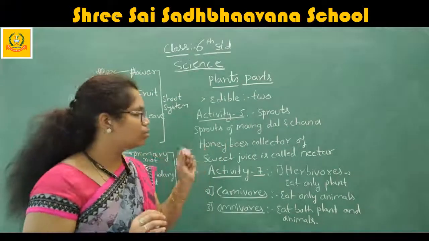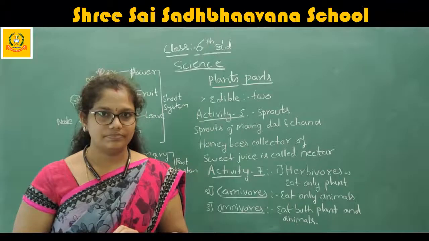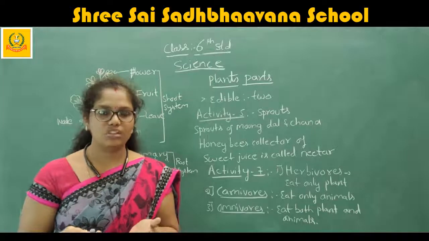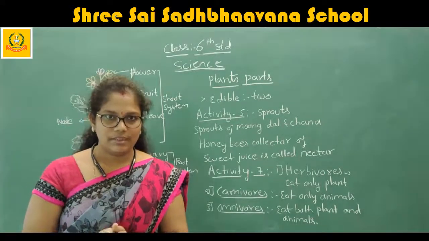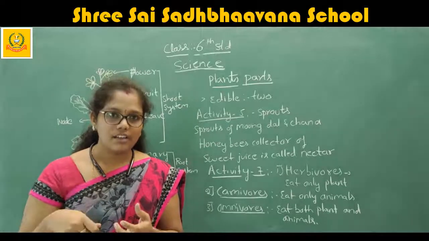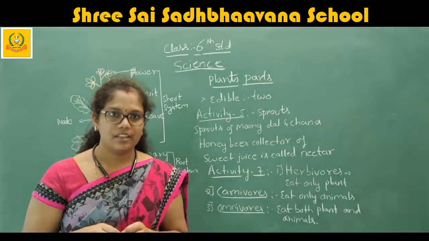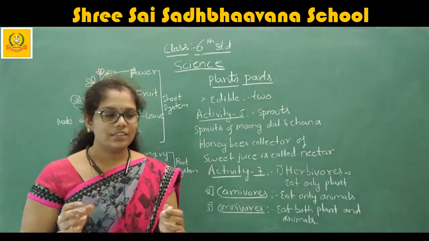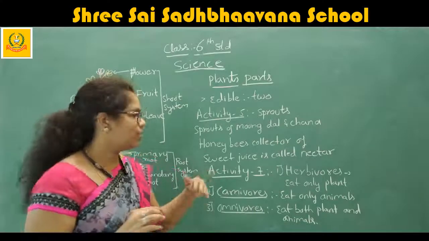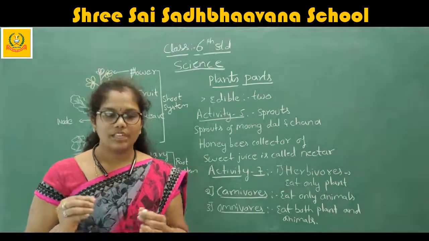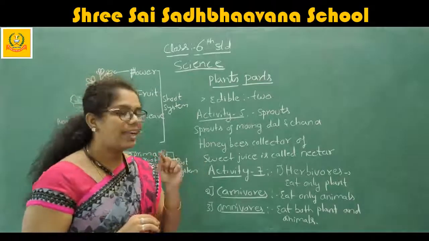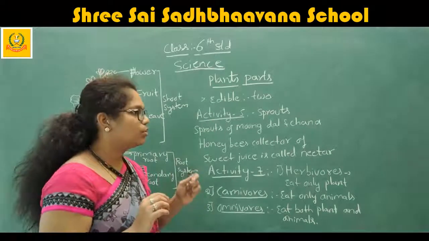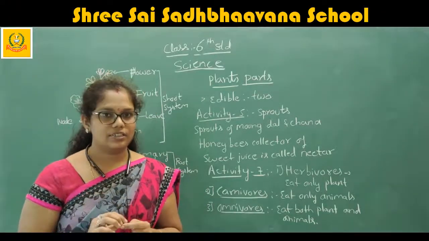After that, remove the dals from the water, leave for some time, and cover the dal using a cloth. Leave it for 1 to 2 days. What happens after leaving for 1 to 2 days? You get a white color thread-like structure on the dal.